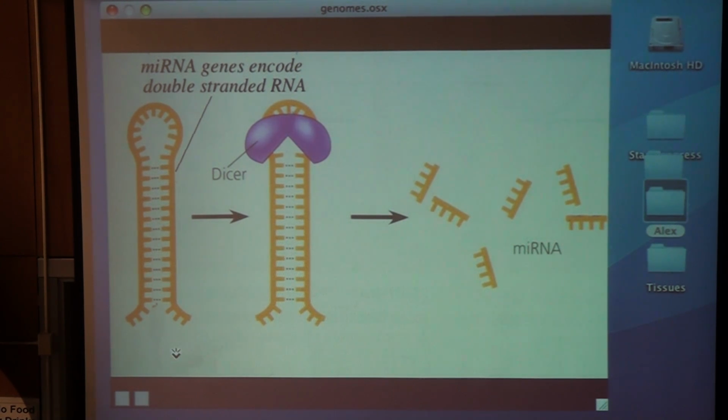So the cell evolved this defense system against RNA viruses, and it eventually evolved into RNA interference for controlling the expression of its own mRNAs. At least that's the leading theory of where it came from. So the double-stranded RNA is virus-like. You normally find double-stranded RNA only in viruses.